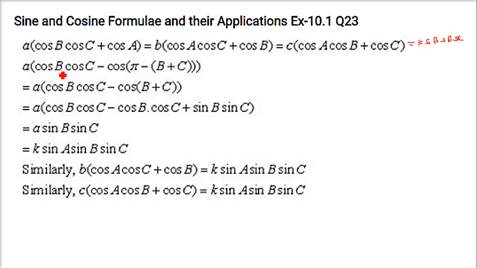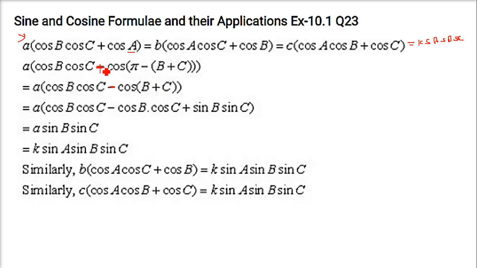So how do we do that? First, let's take this one so that you can get the idea of this one. In place of a, we can write it as cos 180 minus b plus c, because a plus b plus c is pi. So a can be written as pi minus b plus c. So this cos 180 minus theta, that is cos pi minus theta, is nothing but minus cos theta. Actually it was plus, so now this is going to be minus.